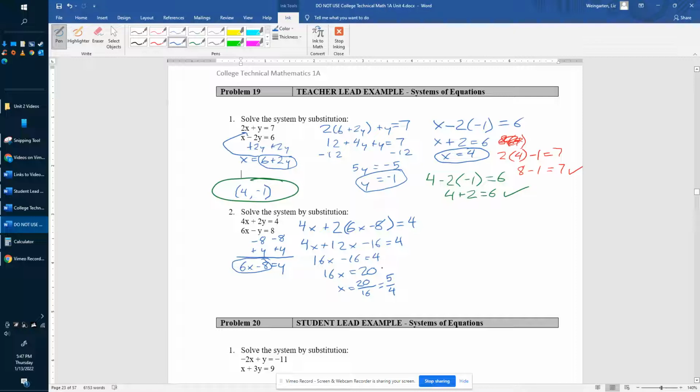Now let's plug 5/4 into either one of these equations. I'm thinking I'm going to plug it into this first equation because if I multiply 5/4 by 4, it's going to get rid of that fraction. So always do what you think is going to be the easier of the two equations. Go easy on yourself. No point in creating more work than you need to.